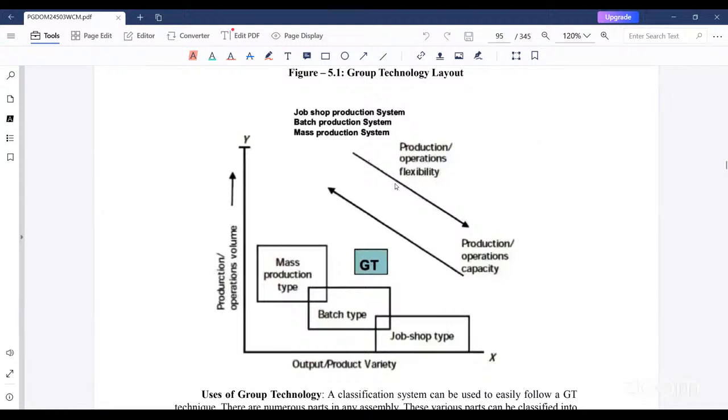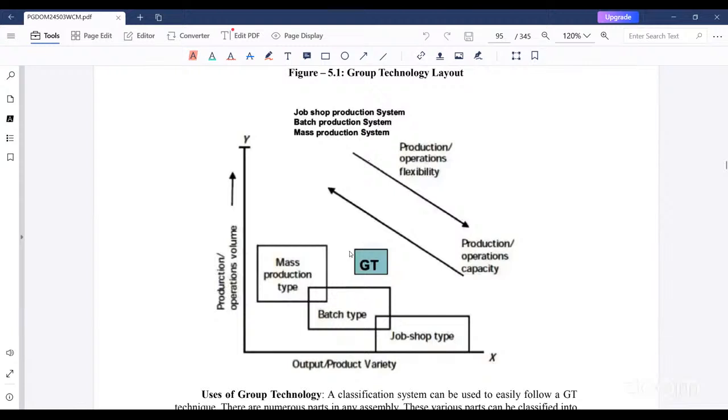This is how group technology works, where we require small batch type production. On the x-axis we have output or product variety, and on the y-axis we have production and operations volume. Here we have job shop type, batch type, and mass production.